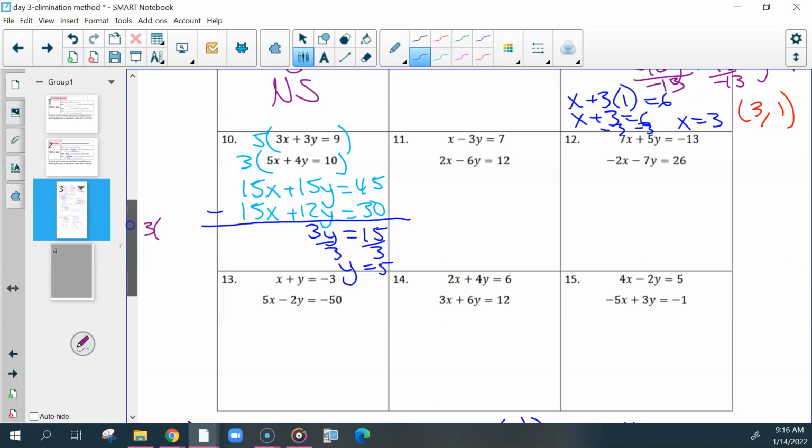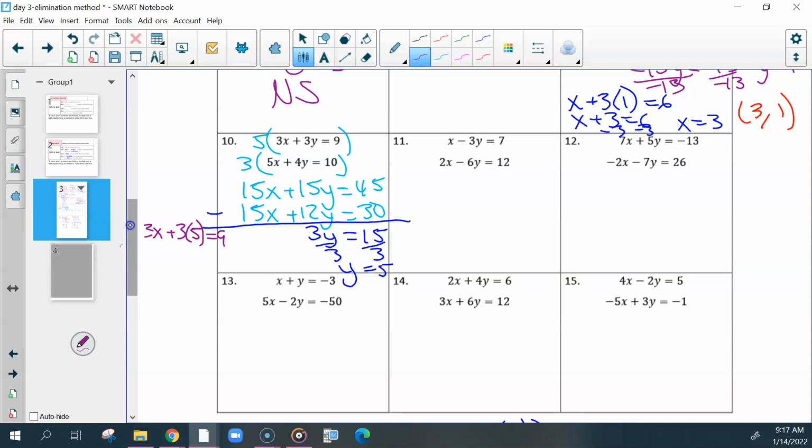So 3x plus 3 times 5 equals 9. We have 3x plus 15 equals 9. Subtract 15 on both sides to get negative 6. And then divide both sides by 3.